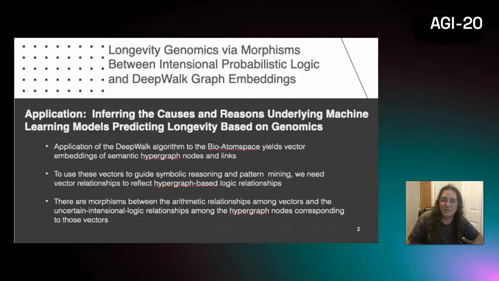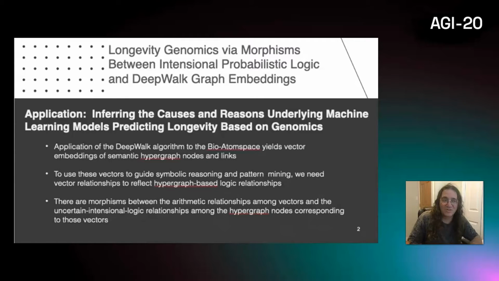And we've then been looking at various mappings between the geometry and topology of the atom space, the hypergraph representation, and the corresponding vectors. And for example, you can see under certain conditions, if two nodes are more similar, closer in the right sense in the atom space, then the embedding vectors are going to be more similar.